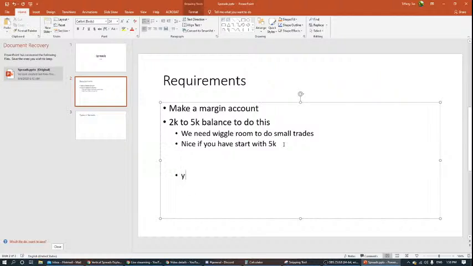let's say you're under 25 grand, so under 25,000, you have the pattern day trade rule. This means you can only make 3 trades in a rolling week.